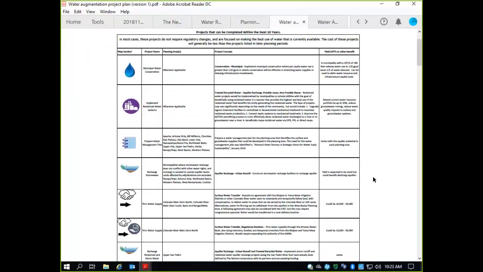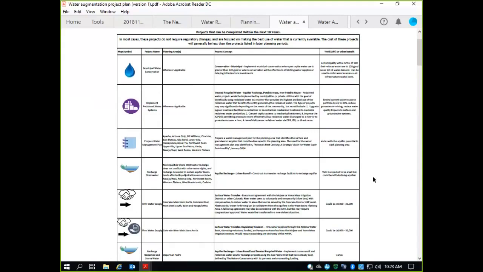We grouped them in some ways that made sense to us. One way of grouping them is by timing. There are projects that we thought could feasibly be done in 10 years, and we put those in one group. I would tend to call those the easier ones, the quick wins.